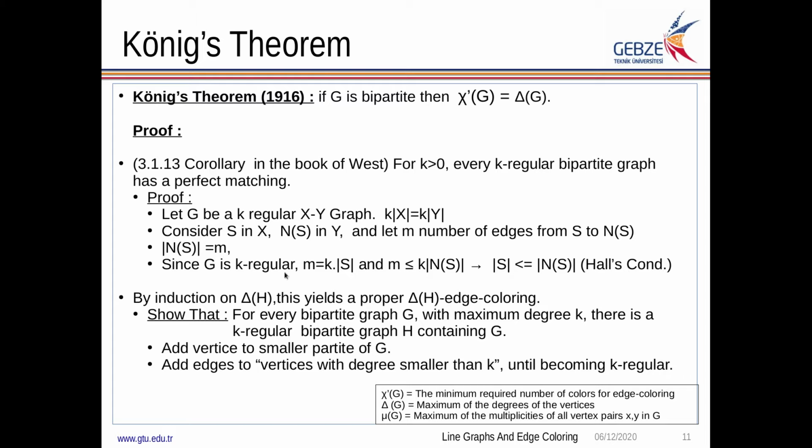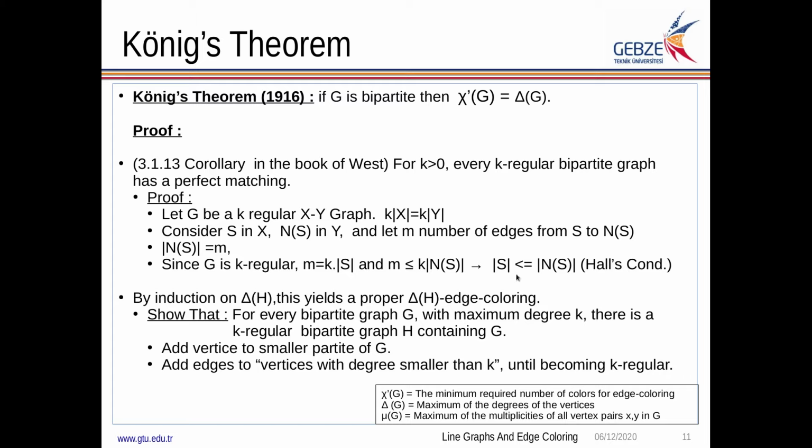and the size of N(S) is considered. Since G is k-regular, we know that m is k times the size of S, and we know that m is smaller or equal to k times the size of N(S).